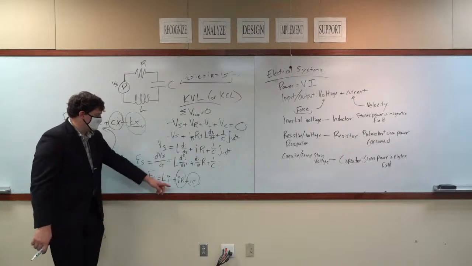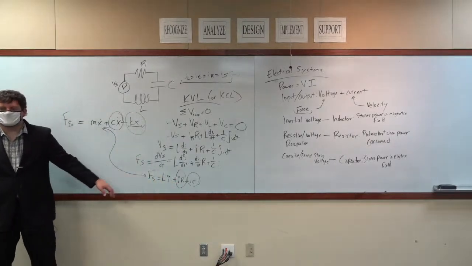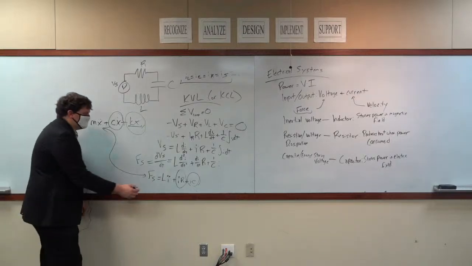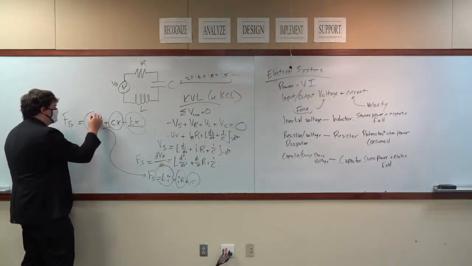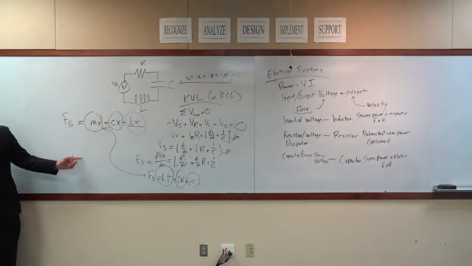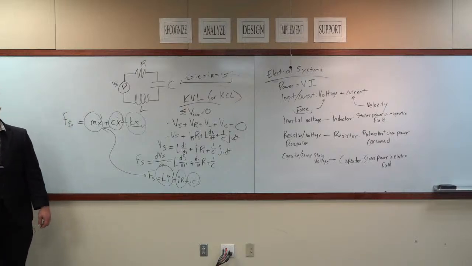It has a single derivative relationship to Fs, and that's for the dissipative. And then lastly, the inertial has a double derivative relationship with Fs. So we have the same components. They even land in the same place. The math behind them is identical.